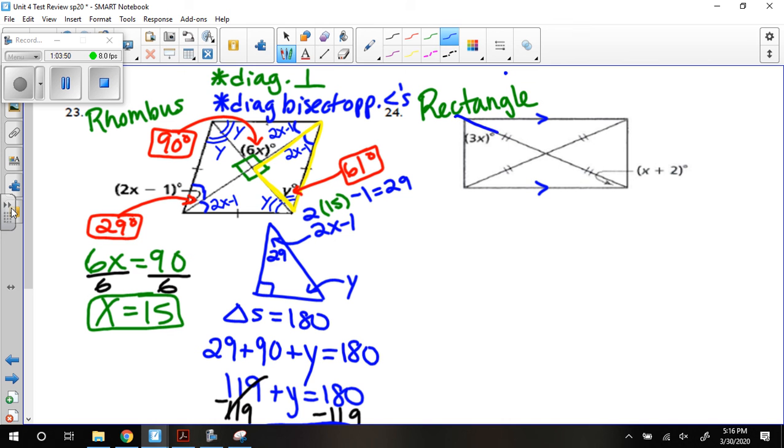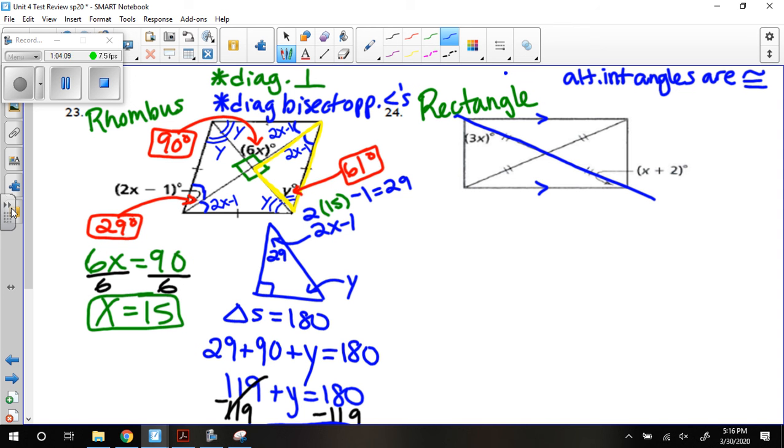And I'm going to focus on this line cutting through them. We need to know that alternate interior angles are congruent.